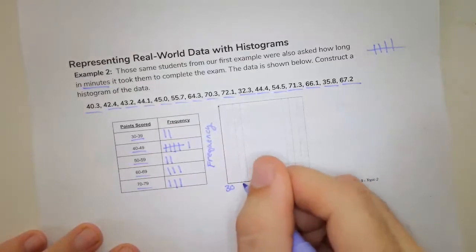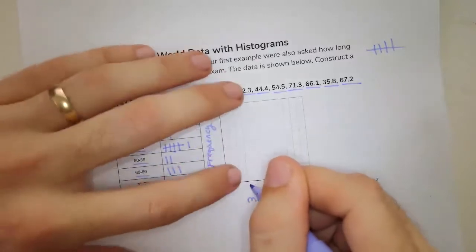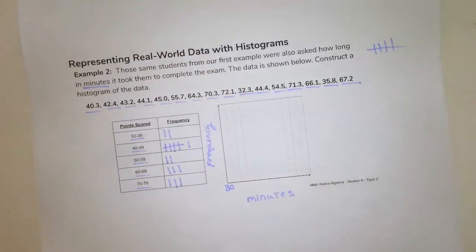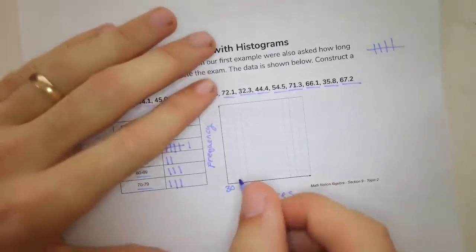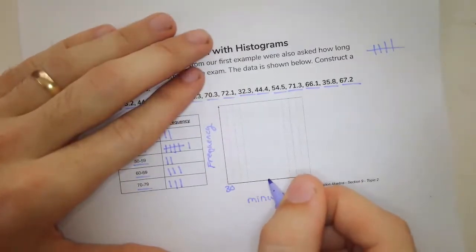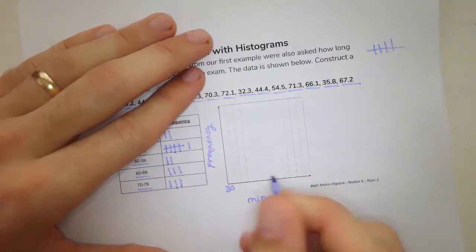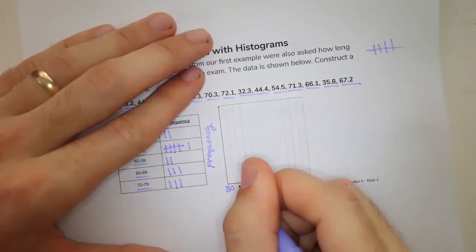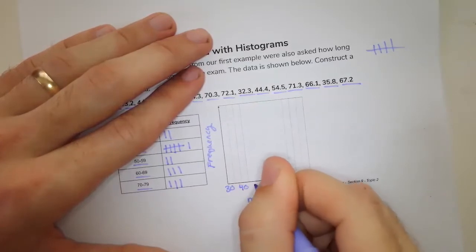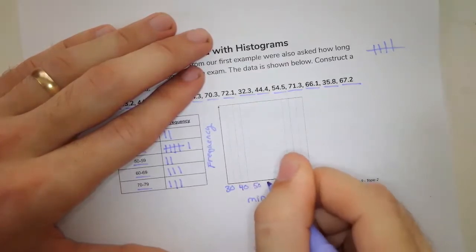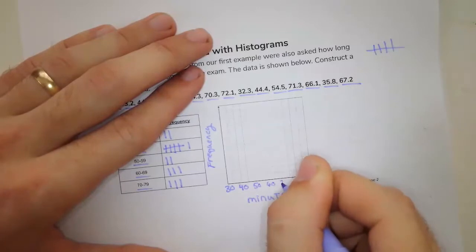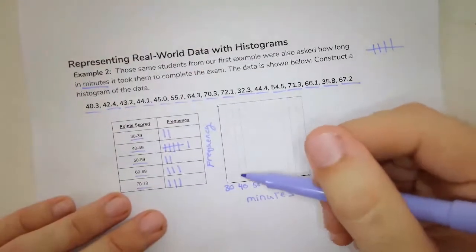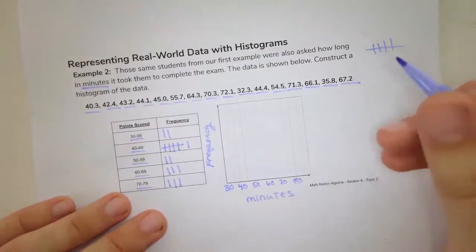If we skip every 2, that should be enough. 1, 2, 3, 4, 5, 6. Yeah, that should work. Okay, so for every line here, we have an interval of 10.